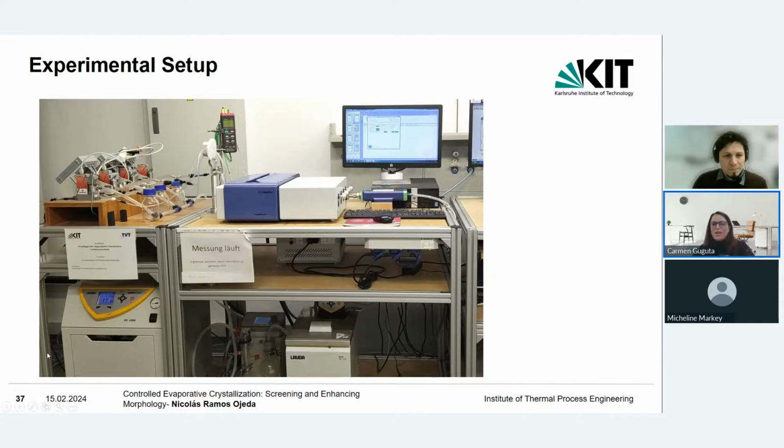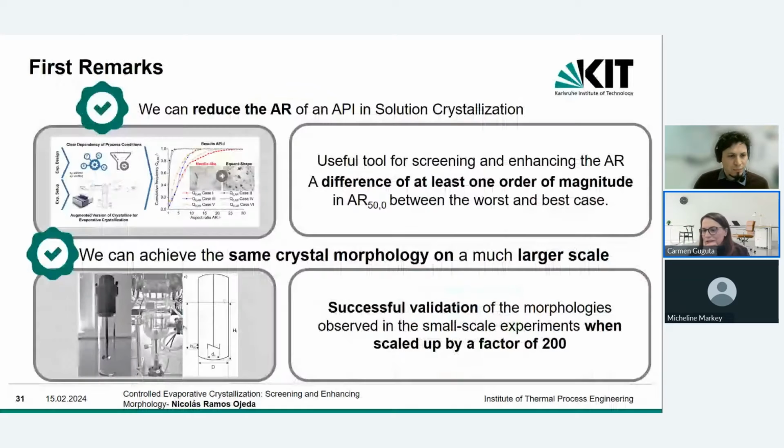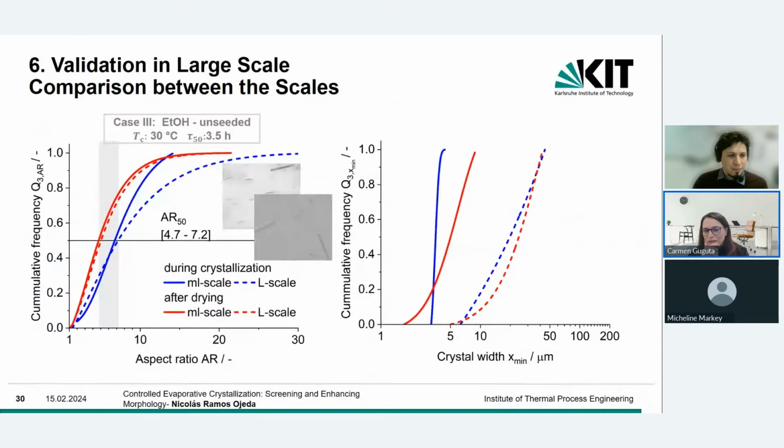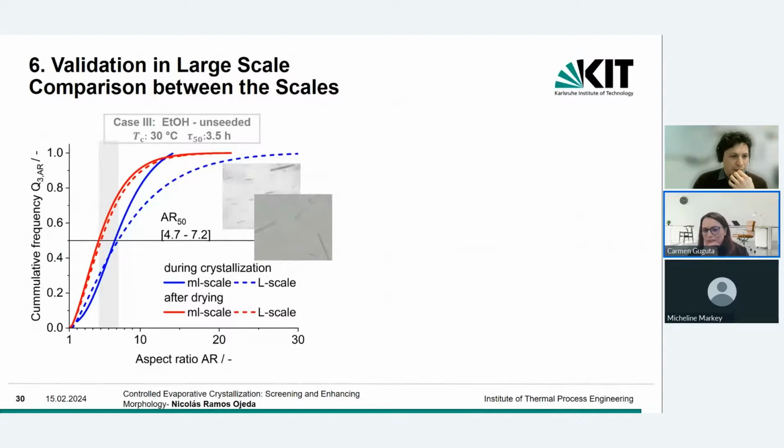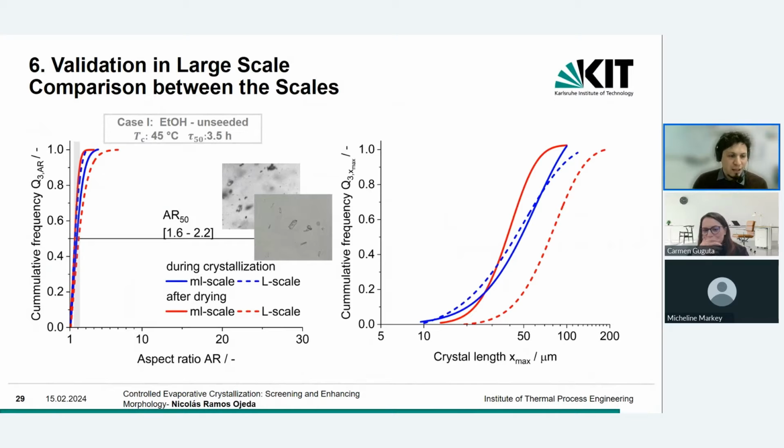And then you also said that when you went to higher scale, you measured inline and offline this aspect ratio. Inline, I guess, with the probe or in the bigger scale, but in the milliliter scale, I mean in the crystalline device, it is for sure not quite challenging.